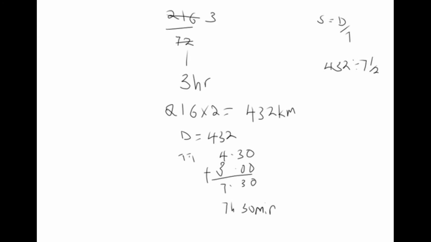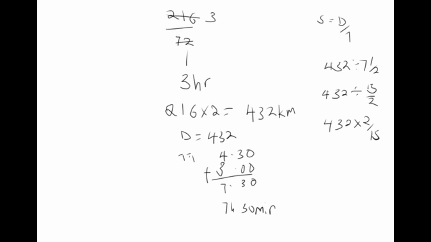Therefore, we proceed 432 divided by, change this into improper fraction, it will be 15 over 2. 432, change the sign to multiplication, get the reciprocal of 15 over 2, which will be 2 over 15.